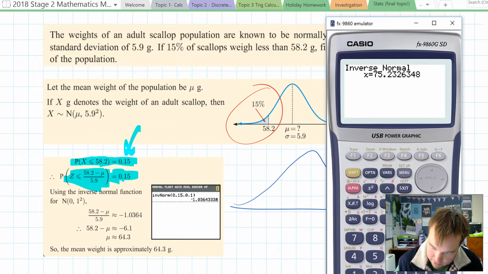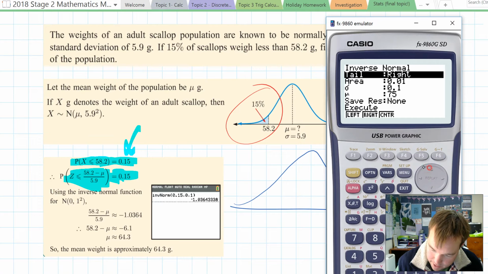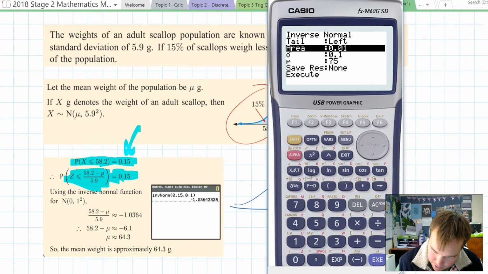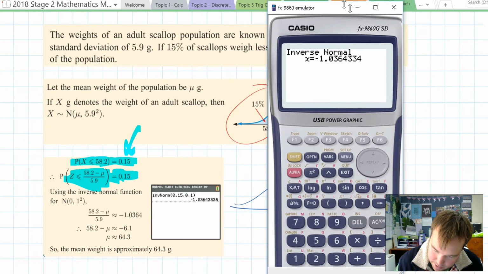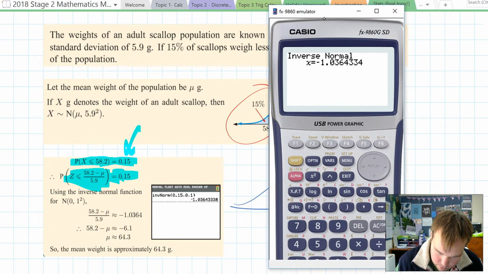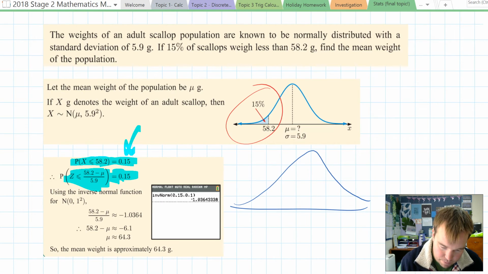So if we bring up our calculator, we can say tail now left, area for 15% is 0.15, standard deviation is 1, mean is 0. Calculate. This here is minus 1.0364. There.